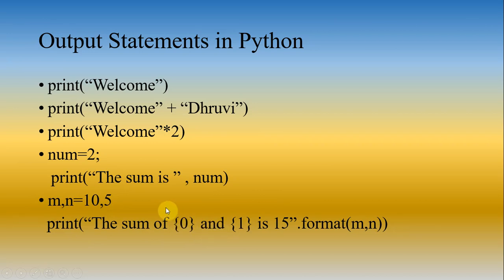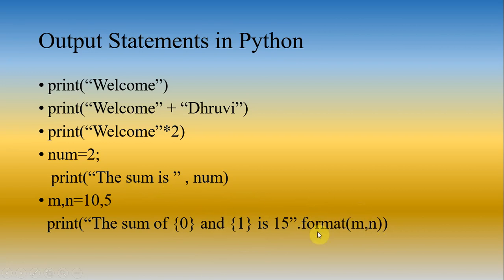So whatever is enclosed within these curly brackets is their index. So I am asking it to print the sum of the number that is on index number 0, that is 10, and the number or the value that is on index number 1, that is 5, is 15, and then it needs to take the values of index 0 and 1 from somewhere.